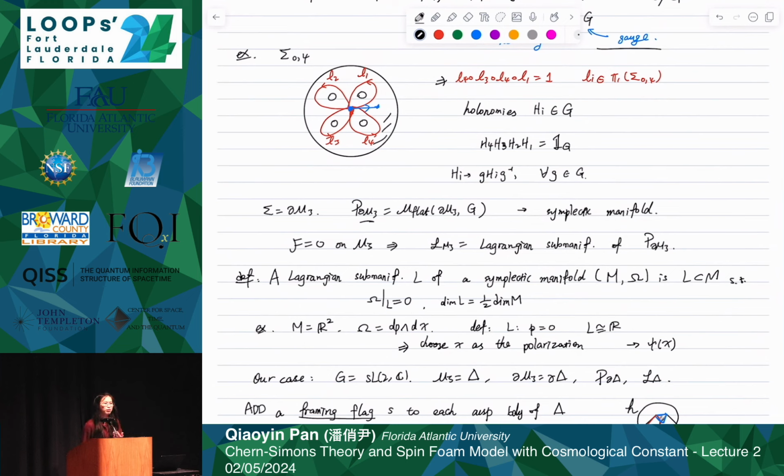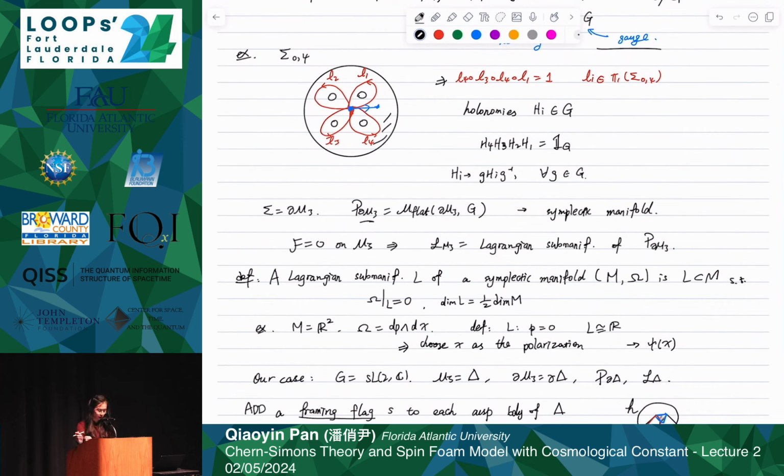Yes, that's another polarization. I'm just giving you an example of a Lagrangian submanifold that you see in classical mechanics. Now I generalize this idea, and I'm not considering polarization. It's a generalization of the concept: a Lagrangian submanifold, as defined, has the symplectic form equal to 0, and its dimension is half of the original symplectic manifold.